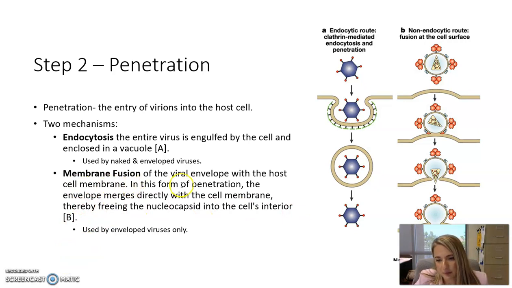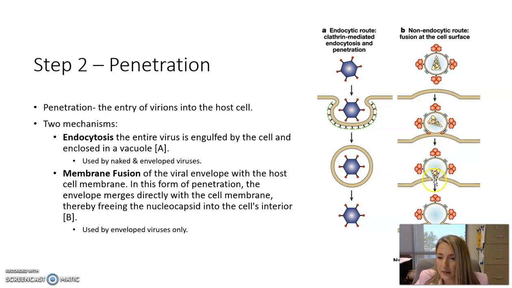Another mechanism of penetration is membrane fusion. Now, membrane fusion can only be used by envelope viruses, which will make sense here in a second. So for membrane fusion, what's going to happen is the envelope virus is going to have already bound to the surface of the host cell, so the spikes are going to be attached to the receptors.